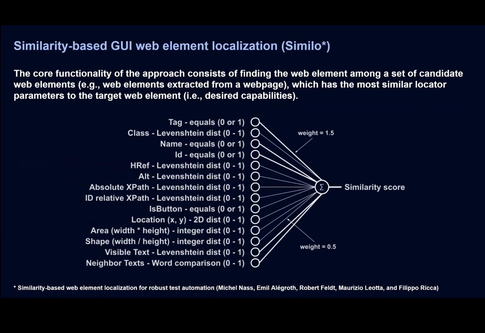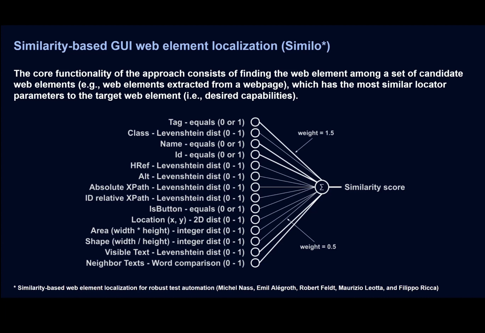It takes 2 sets of web elements. One is the candidate web elements, that is, all the possible web elements in the newer application.